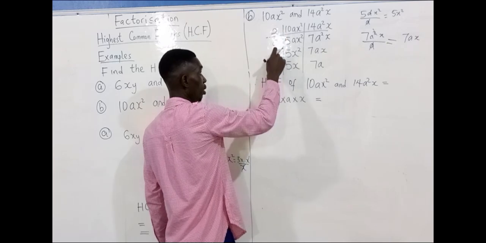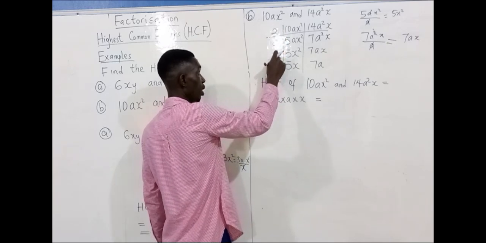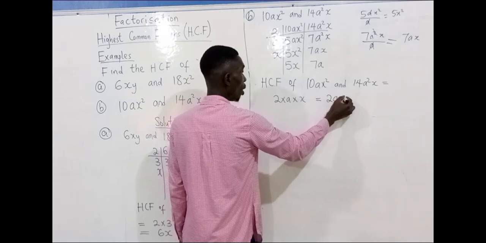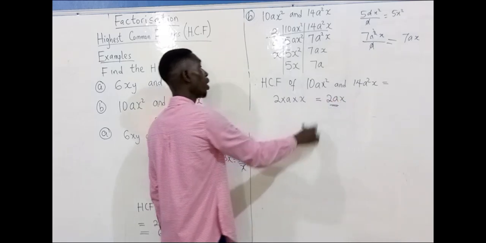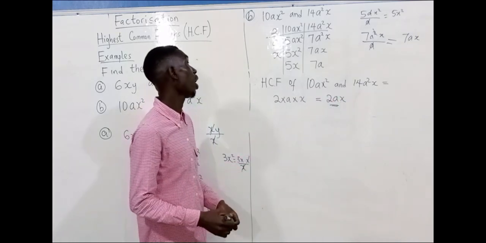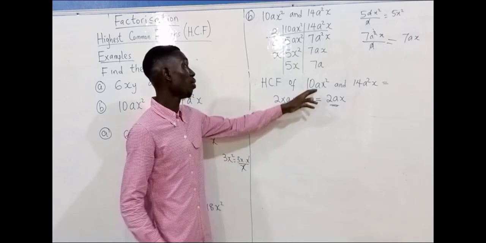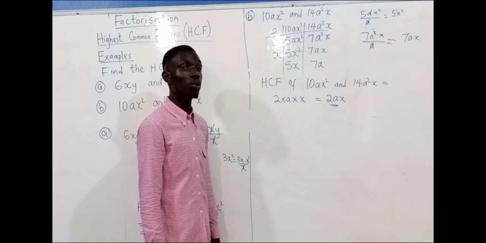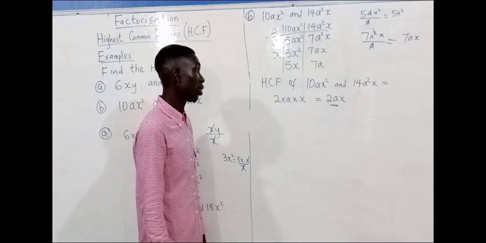Remember we're taking this here, 2 times a times x. And that gives us 2ax. So 2ax is the highest common factor of 10ax squared and 14a squared x.